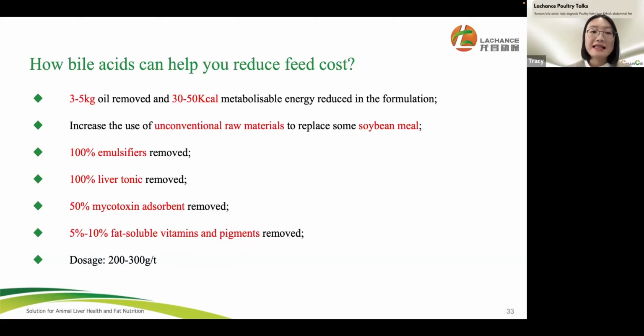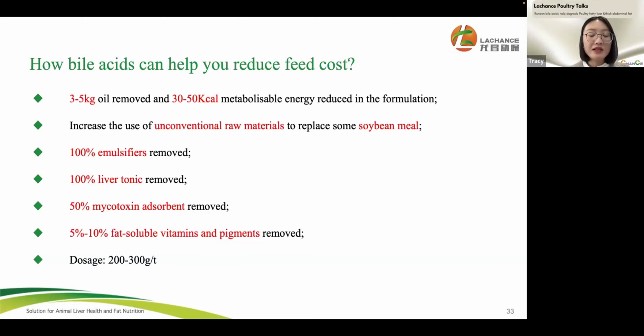And after using bile acids, 100% emulsifiers and liver tonic can be removed. This is mainly because the two main functions of bile acids are to improve the utilization of oil and to protect liver health. In the previous pages, I just explained the action mechanism of how bile acids prevent fatty liver syndrome and improve the health of liver.